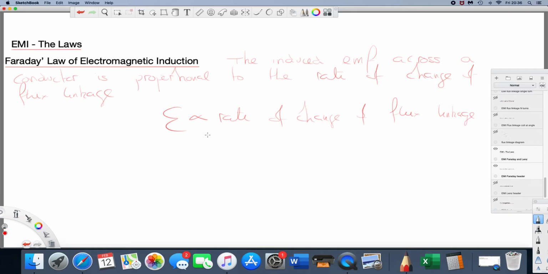Now, if you're a mathematician, you have the expression for the flux linkage, BAN cos theta, and it may well be that you've done the differentiation of cos theta, and what you find is that your induced EMF is equal to minus BAN sin theta.